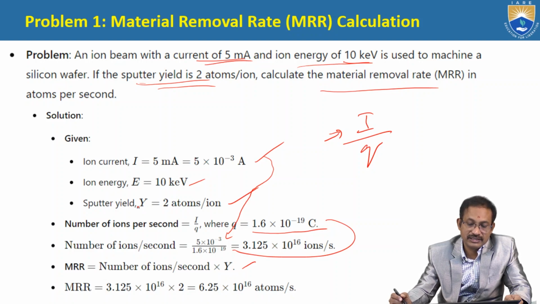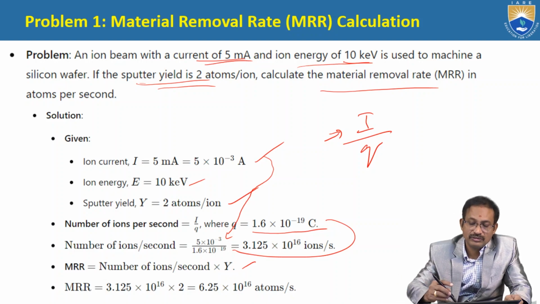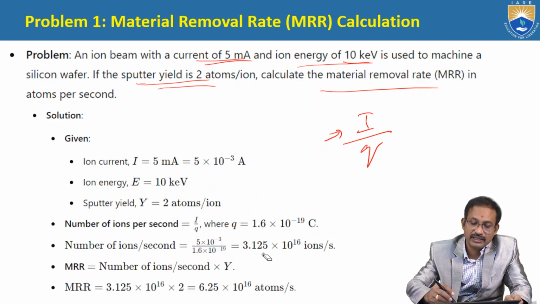Here the thing is, where do we use the ion energy? Have we used it? Check once. Here it is 5 × 10^-3 divided by the Q value. We have not used the ion energy, so that is superfluous data here.